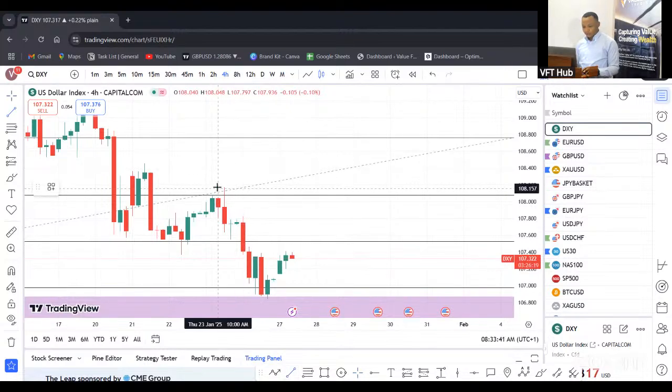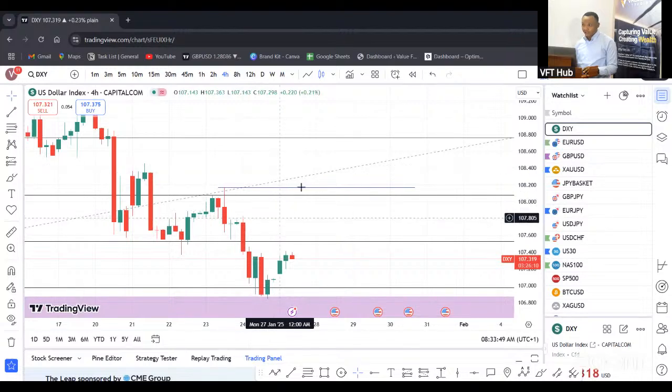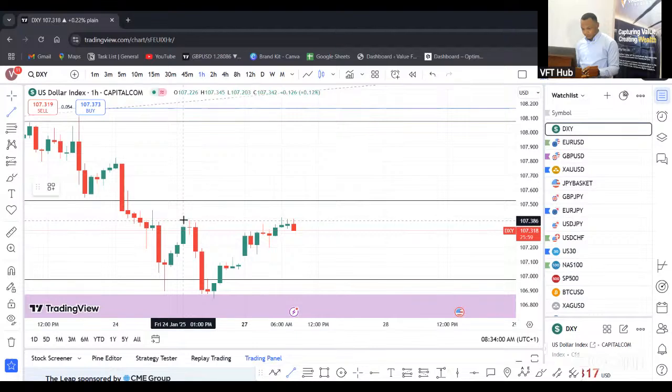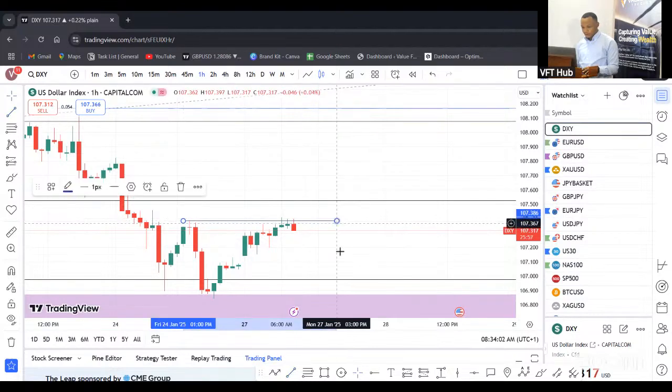One of the earliest places to cite for an obvious break of structure is the 108.173 level. We're expecting price to break above that level, and then we'll go full-blown bullish on the dollar index. The 1-hour time frame is already breaking the closest structure we can see, which is a sign that we should be expecting a bullish trend.